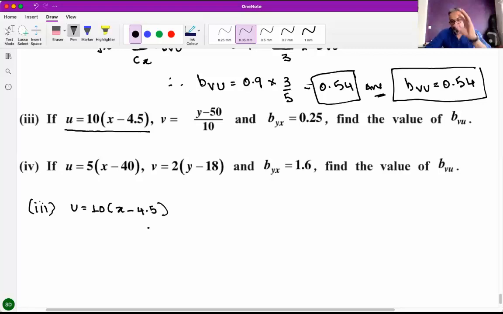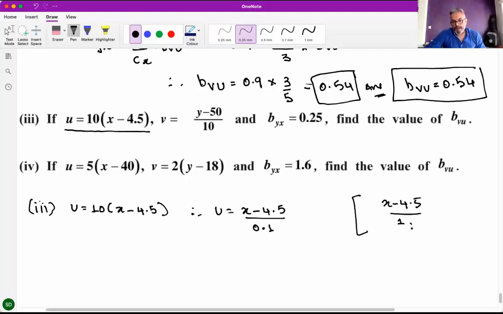So पहले हम इसको solve करते हैं. Therefore, u is equal to x minus 4.5 upon 0.1. ये 0.1 कैसे आया? Because 0.1 is what? x minus 4.5 upon 1 by 10. तो ये 10 ऊपर आ गया तो it became like this, x minus 4.5.